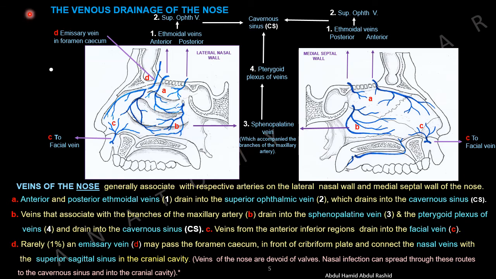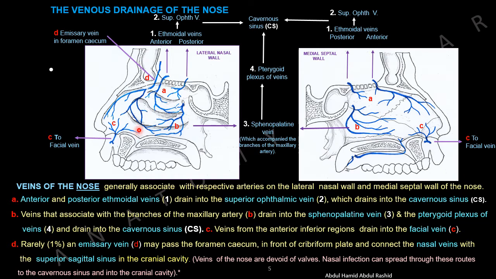The venous drainage of the nose. In this slide, we are showing two diagrams, lateral wall of the nose and medial septal wall of the nose with their veins. Veins of the nose generally associate with respective arteries on the lateral nasal wall and medial septal wall of the nose.